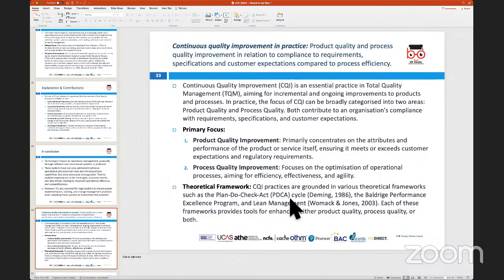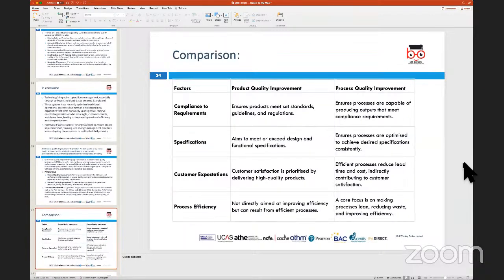So here, when we talk about product quality and process quality in relation to compliance of requirements, specifications, and customer expectations, we are comparing this mostly to the process efficiency, because that is being used essentially to create the product. You're not looking at making one product, you're looking at making it in hundreds, thousands, and even millions.